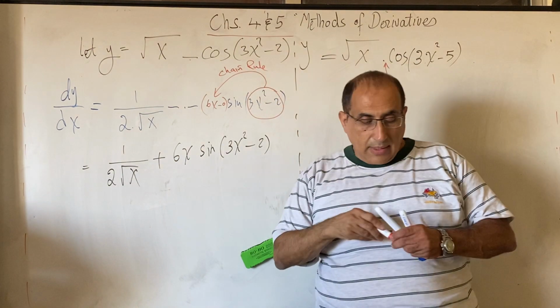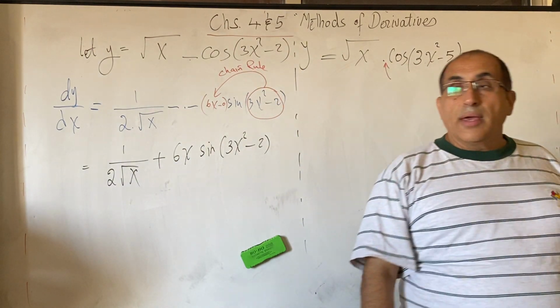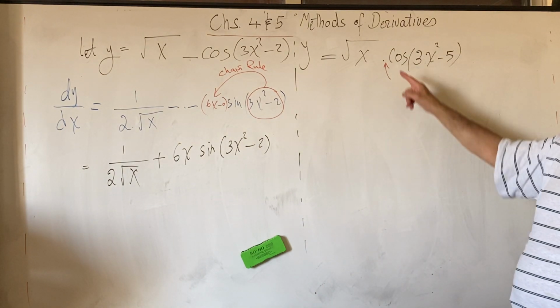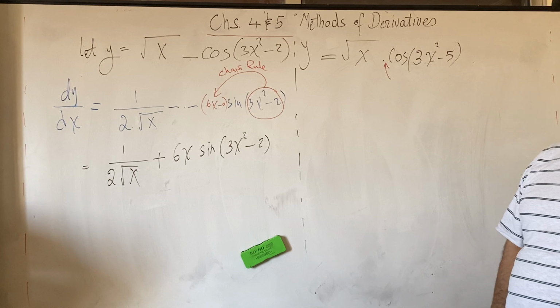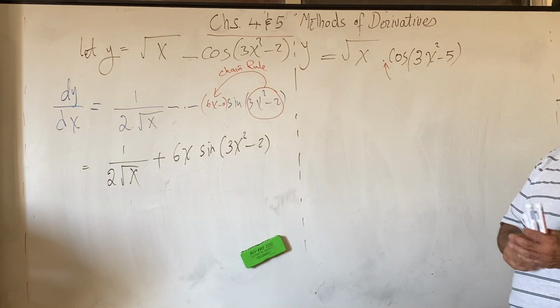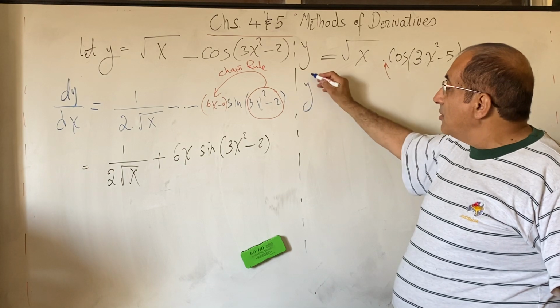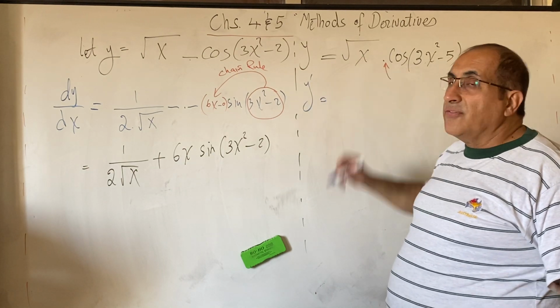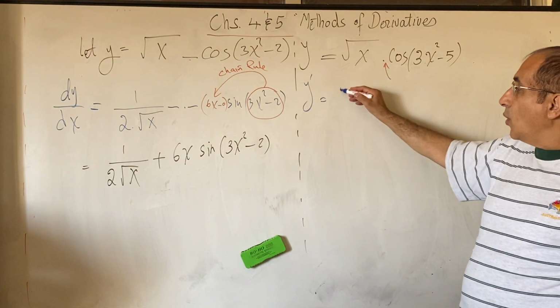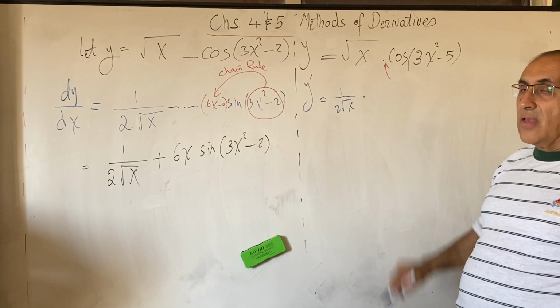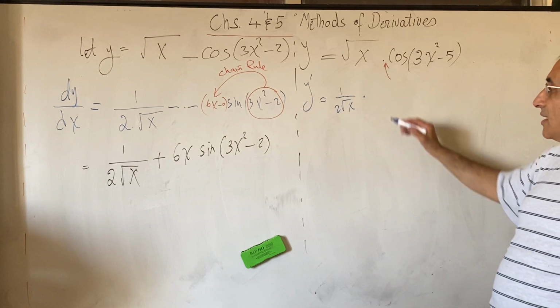All right? Now, is the structure the same? No. There's a multiplication here. A product, something times something. So let me show you how we do it, and then I can show you a rule that maybe you would like. What's the derivative of the first? 1 over 2 square root of x, times whatever the second is, as it is.